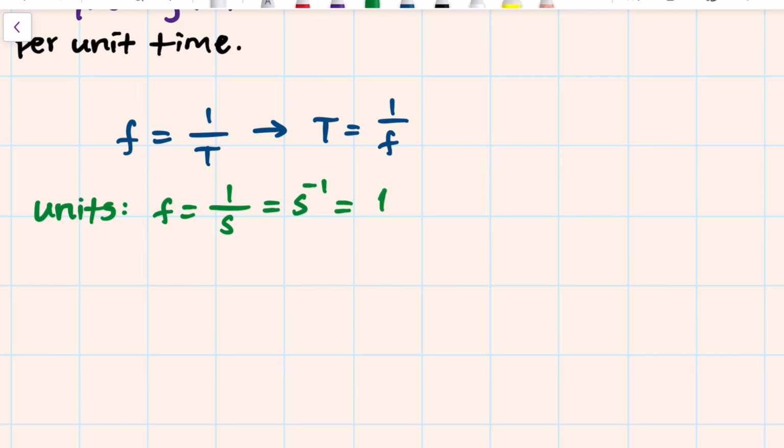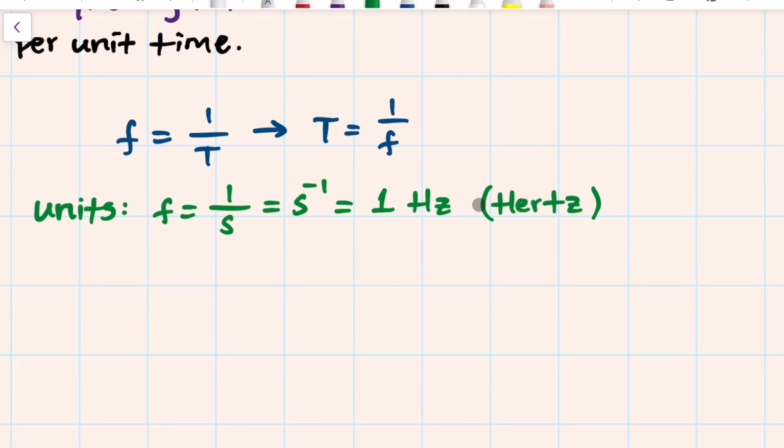This is 1 Hz, and that's an abbreviation for hertz. For instance, if it takes 2 seconds to complete one oscillation, then the frequency is going to be 0.5 hertz.